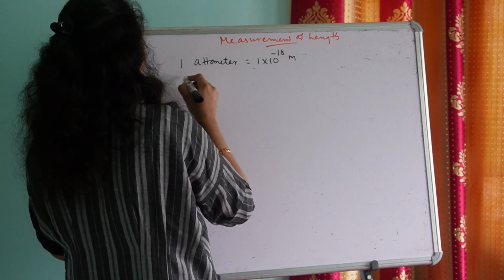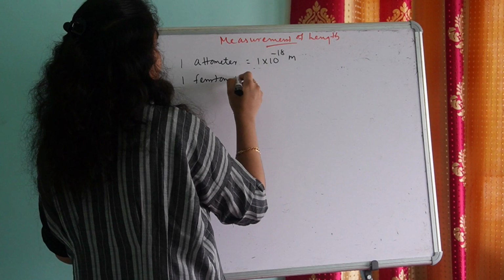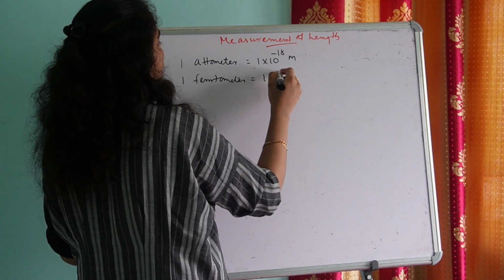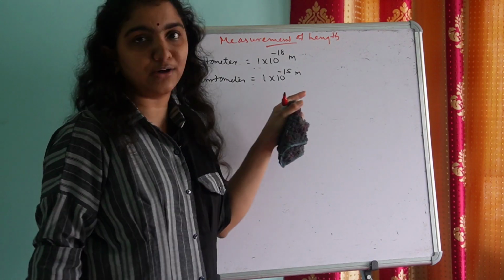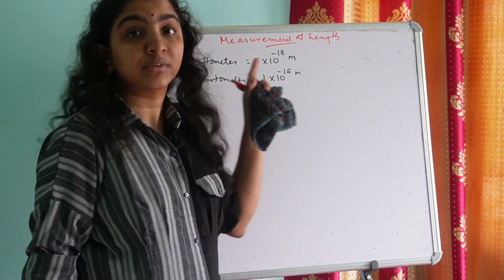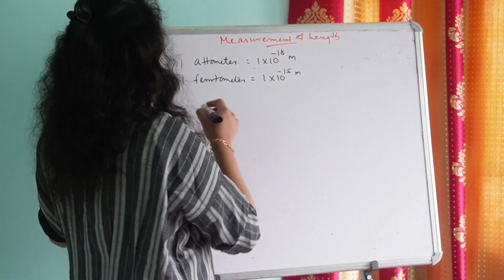Next unit is 1 femtometer, equal to 1 into 10 power minus 15 meter. What does it mean? After the point we need to have 15 digits, so in this case 14 zeros followed by 1.